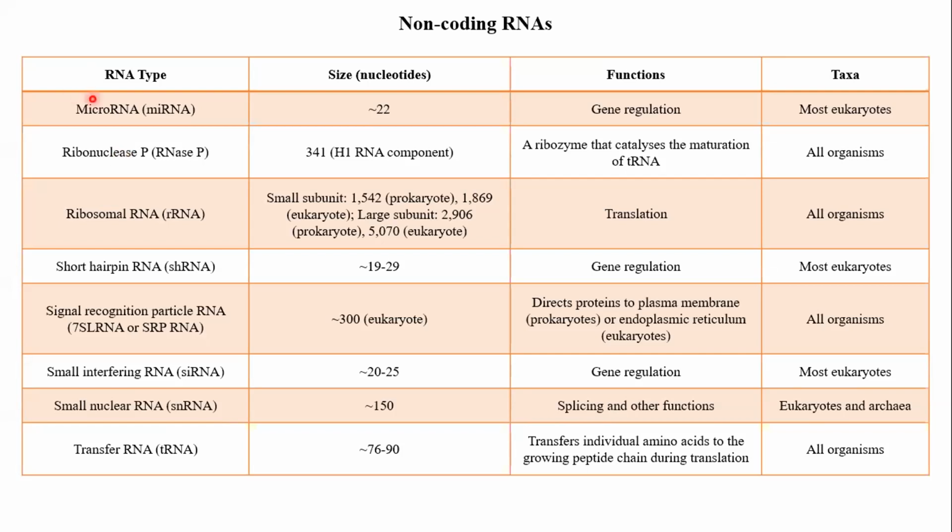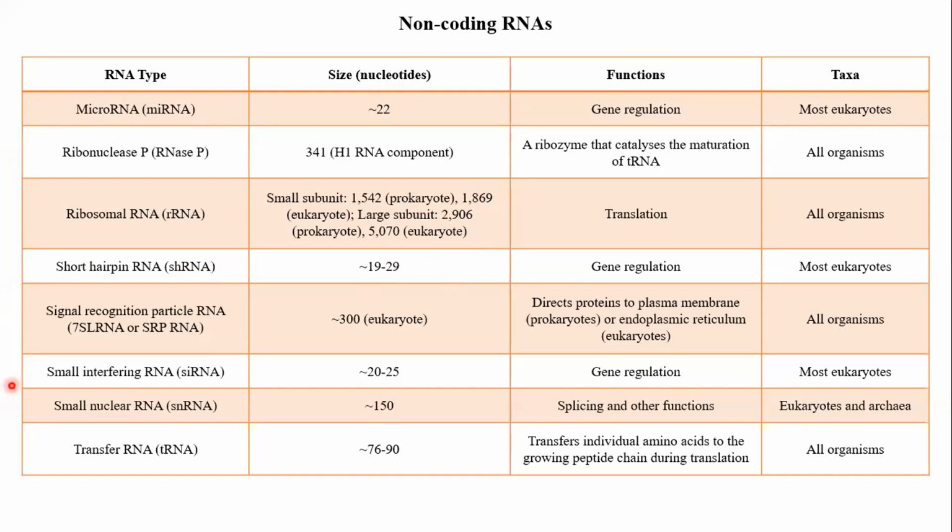Then we'll see the rest of the RNAs. First is microRNA, short form miRNA, and size is around 20 nucleotides. So this is a small RNA; the name suggests microRNA. Then see short hairpin RNA, called shRNA, and the size is almost similar, around 19 to 29 nucleotides.